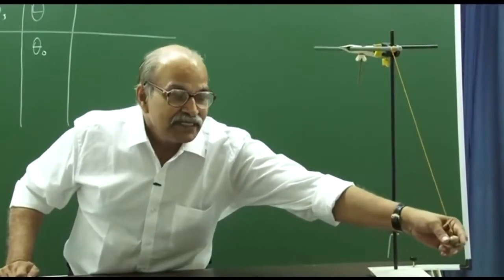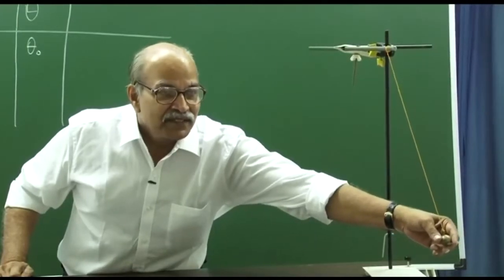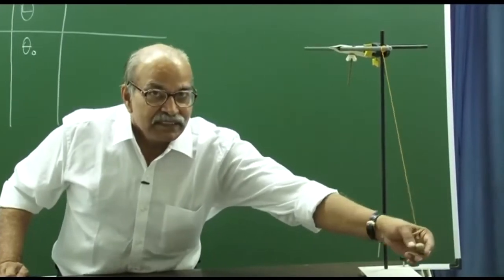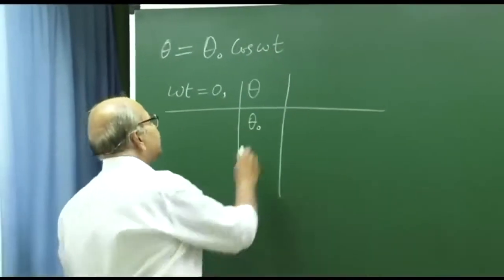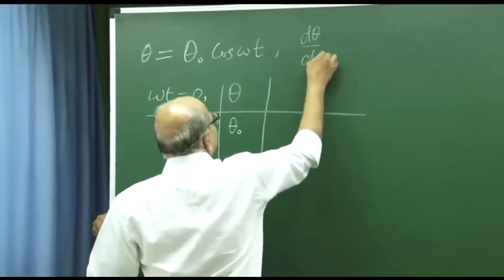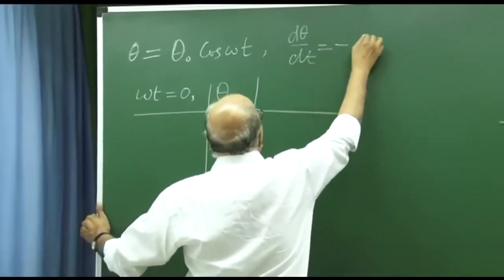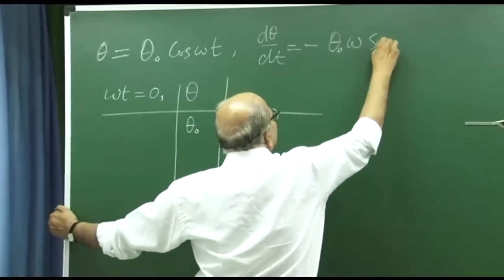And what is the velocity here? The angular velocity is 0. Once it is at extreme, the angular velocity is 0. That also will come from here. If this is theta, the angular velocity you can write as d theta by dt, and that will be minus theta naught omega sine omega t.